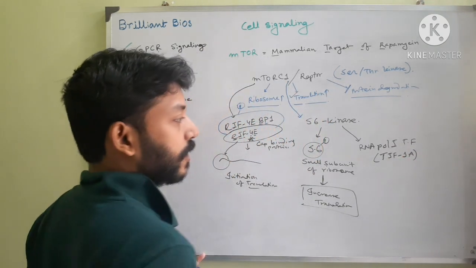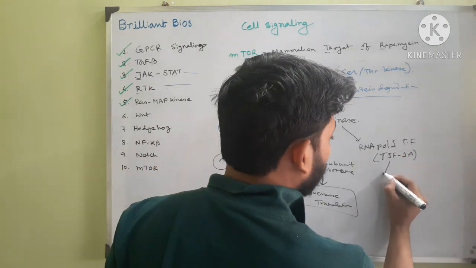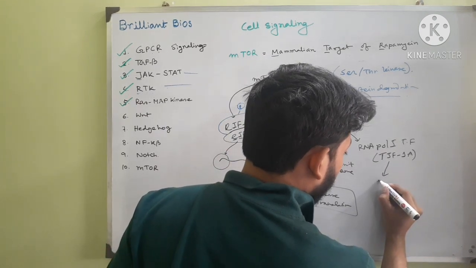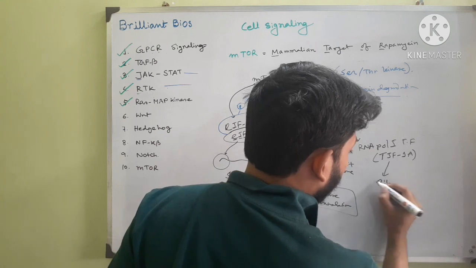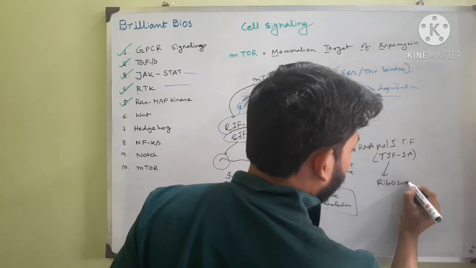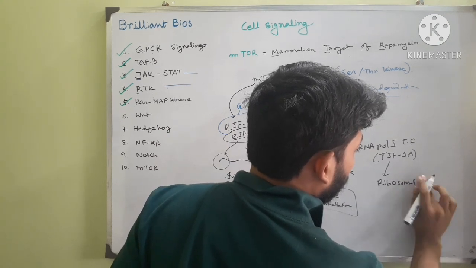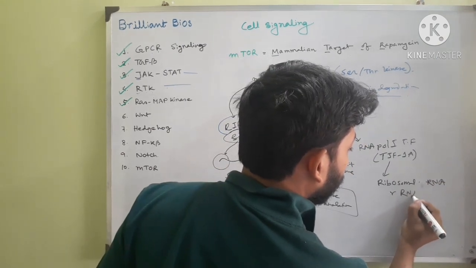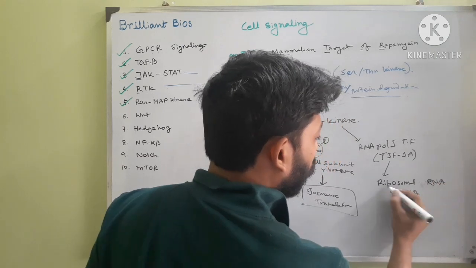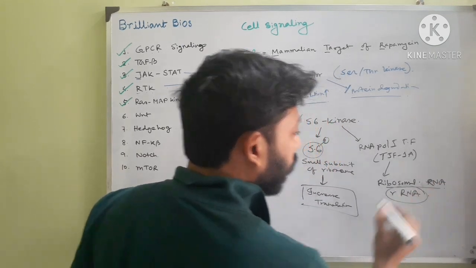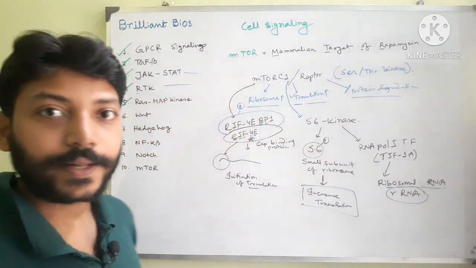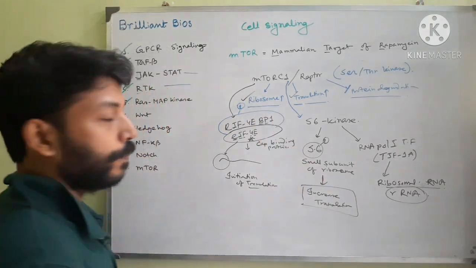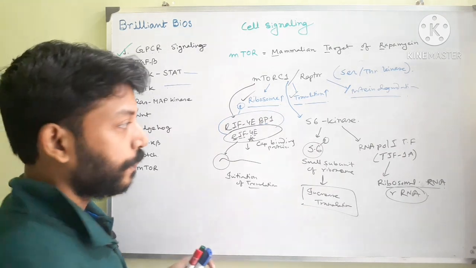When this transcription factor gets activated, it helps in the production of ribosomal RNA, that means rRNA. And we know that the ribosome is made up of protein and rRNA. So it helps in the increase of ribosomes. So ribosomes are produced by this way.